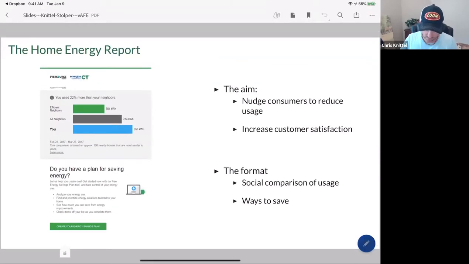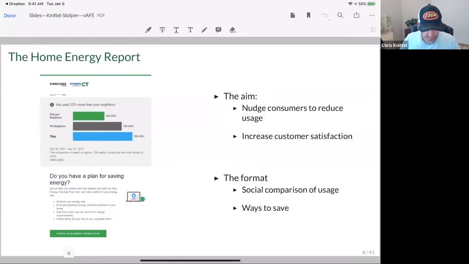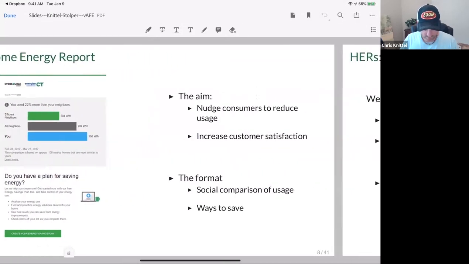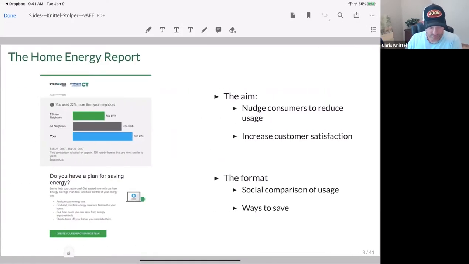So it shows your consumption in blue, compared to all of your neighbors, and by all it's typically 100 nearby homes of similar features, and then a selected efficient set of those neighbors as well.